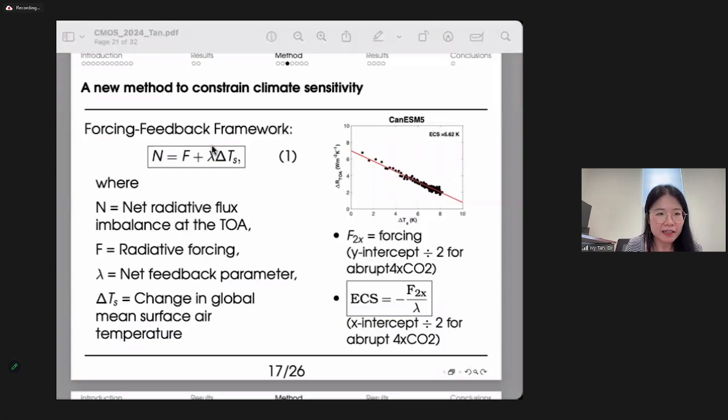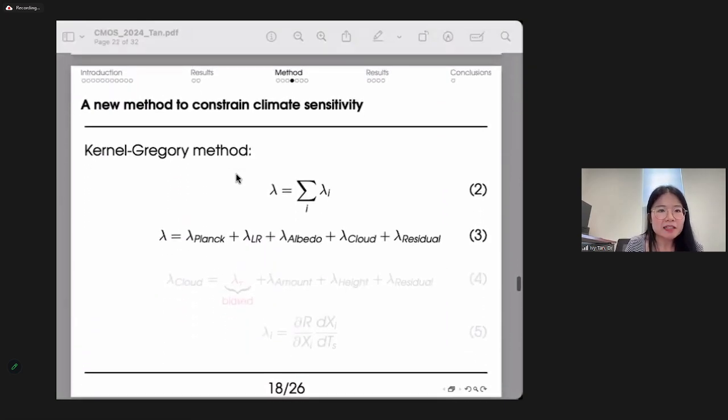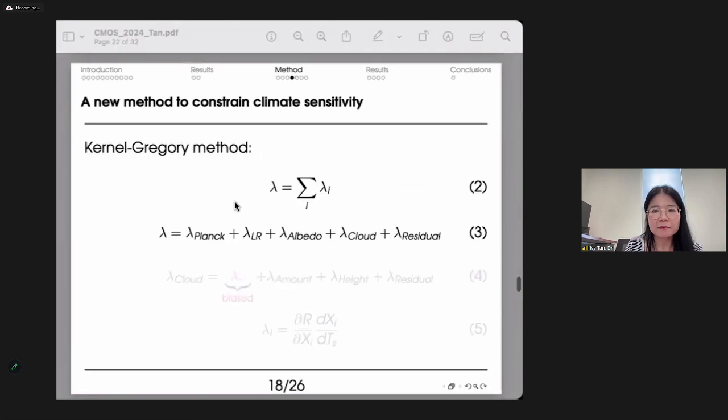So let's focus now on this lambda net climate feedback parameter. Lambda is the sum of all feedbacks acting within the climate system. This includes the Planck feedback, the lapse rate feedback, the surface albedo feedback, and the cloud feedback as well.